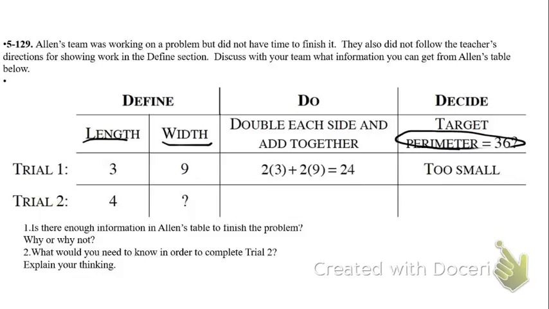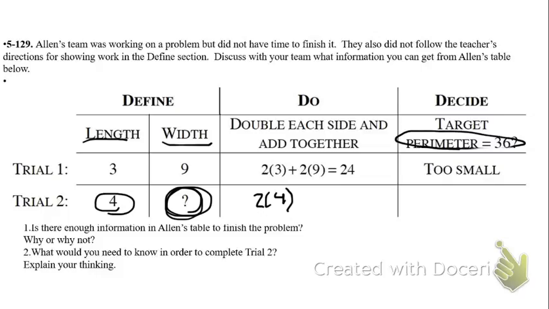So if I try to continue that same work, first I see that they tried a 4, so I could do 2 times 4, but I'm not exactly sure what I'm going to put here. Now, is that another guess, or is there a specific way to use the length to get the width?